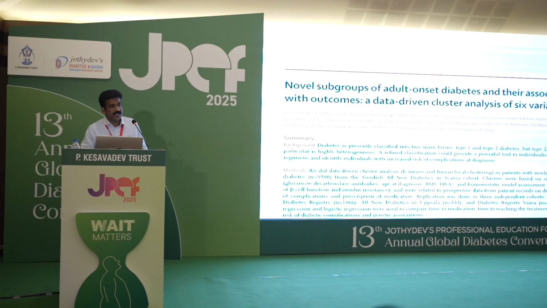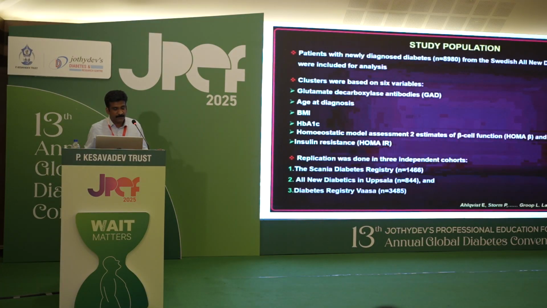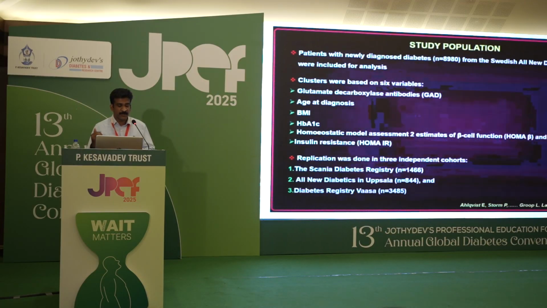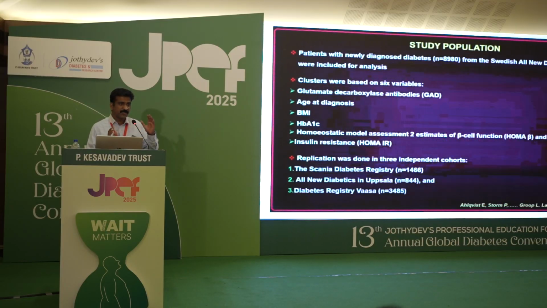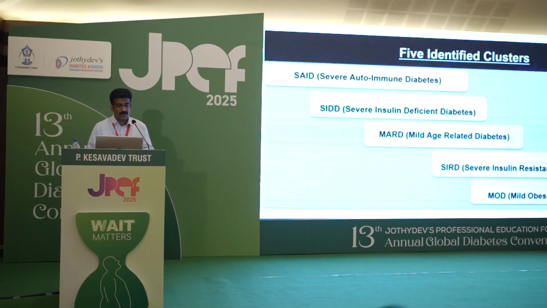They did a data-driven cluster analysis of type 2 diabetic patients. The clustering was done on the basis of 8 parameters: GAD antibody, age, BMI, HbA1c, HOMA-beta and HOMA-IR. Based on these parameters, the patients were clustered into different groups.